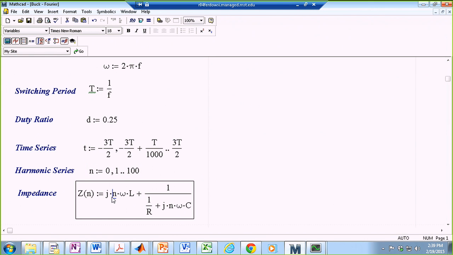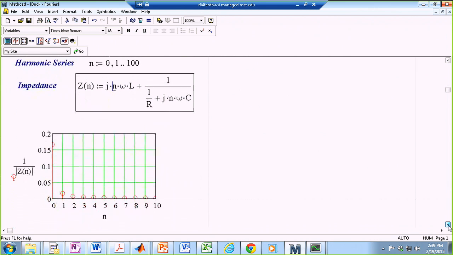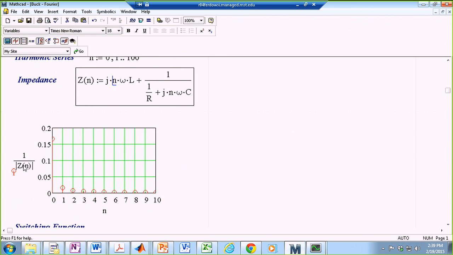So Z that we just defined, which is the impedance of the L placed in series with a parallel R and C. And I'm looking at 1 over Z over here, 1 over the magnitude of Zn.